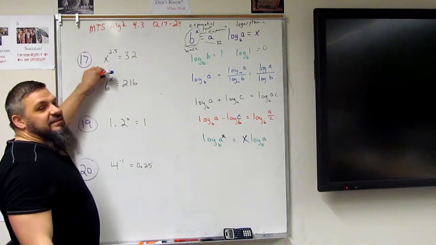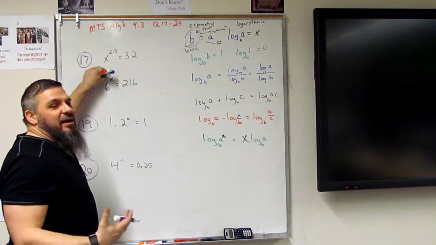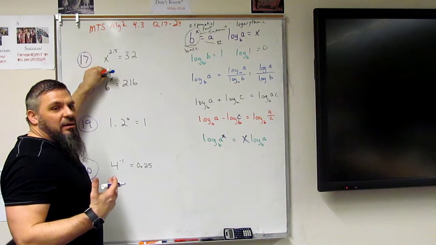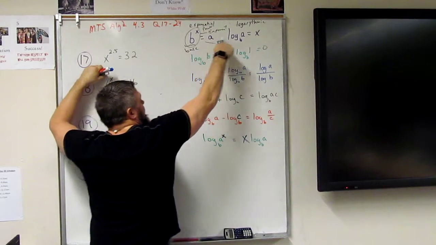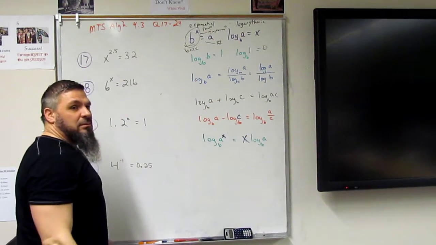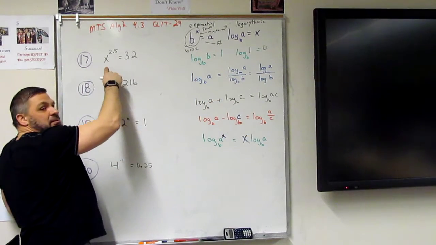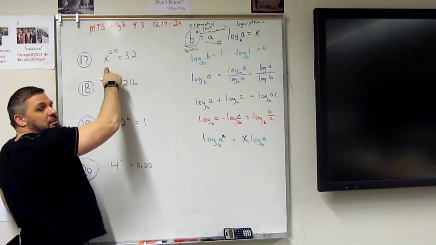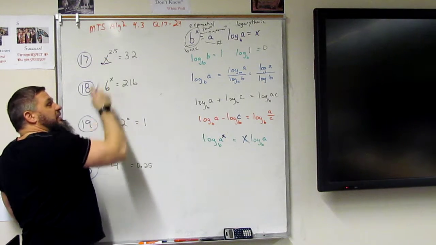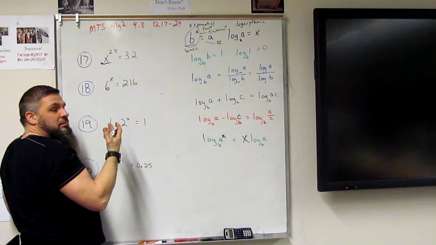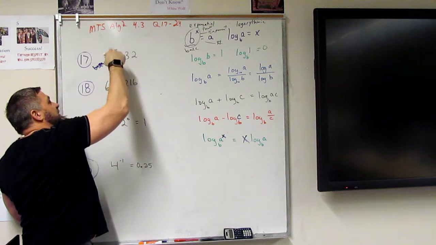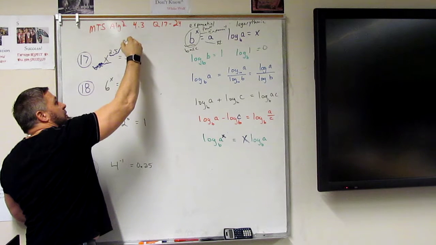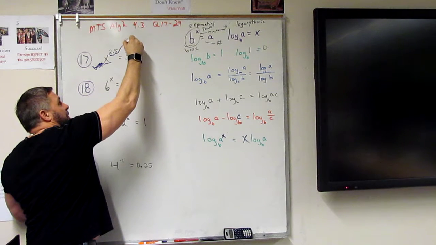I want to write this in logarithmic form. So I want to go from exponential to logarithmic. So what's the base? X. What's the exponent? 2.5.